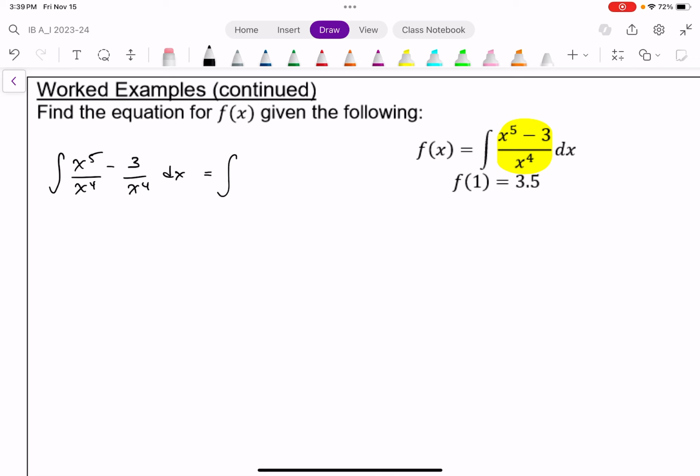And then in doing so, realize that x to the power of 5 over x to the power of 4 is just x minus 3 times x to the negative 4. Which, notice, we actually had in the last question. dx I should have here. And so I can now integrate these both separately. And so the integral, the antiderivative of x is x to the power of 2 divided by 2, minus the antiderivative of 3 times x to the negative 4.